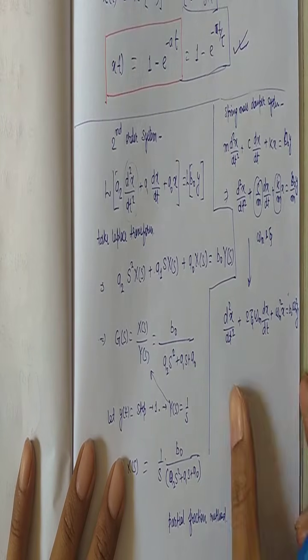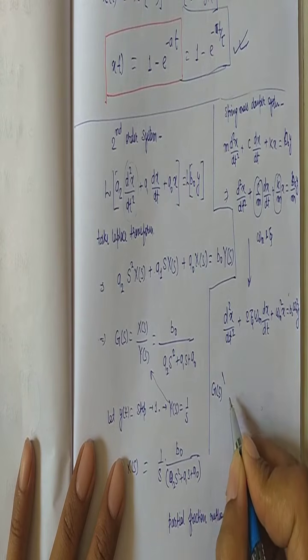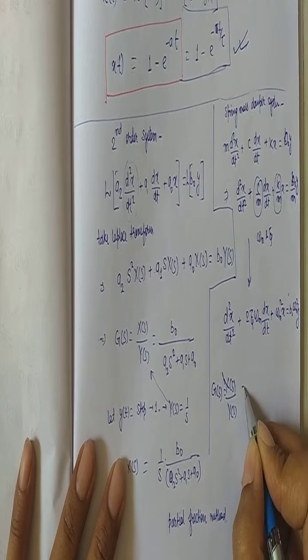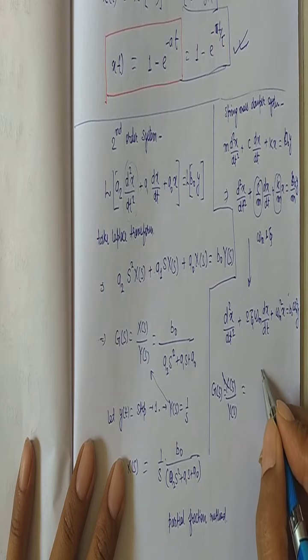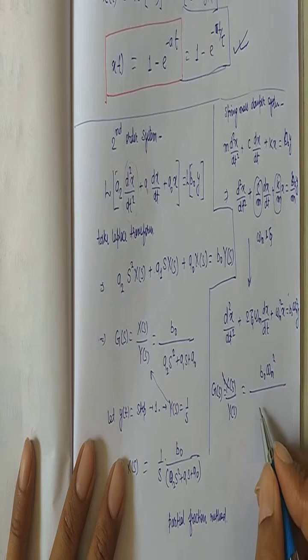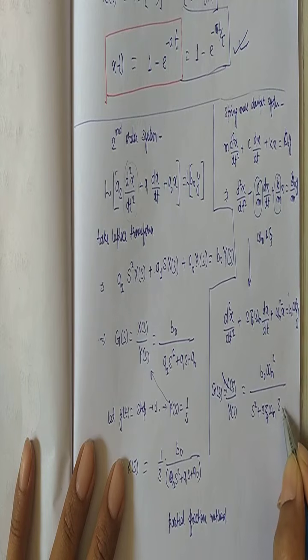Now if you do the Laplace transform here, we get the transfer function Xs by Ys as b naught omega n square divided by s square plus 2 zeta omega n s plus omega n square.